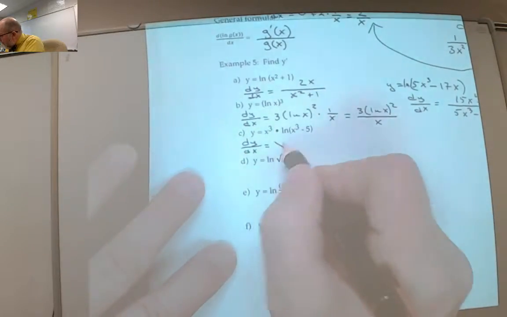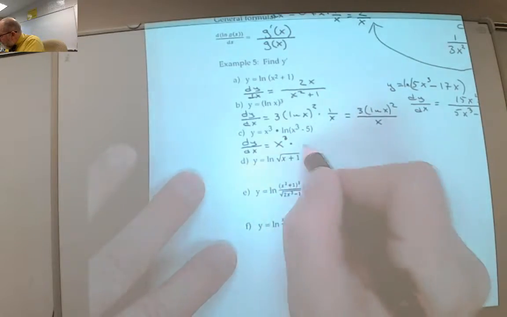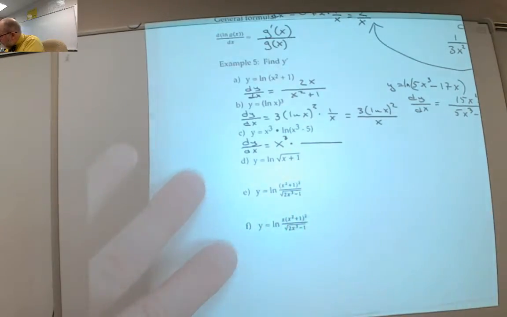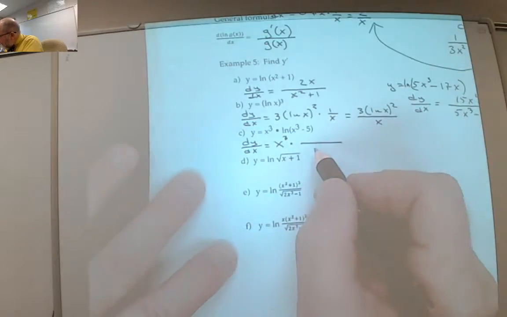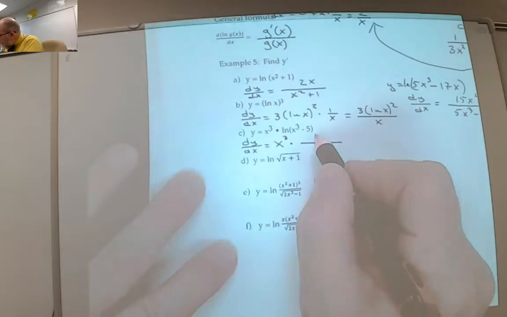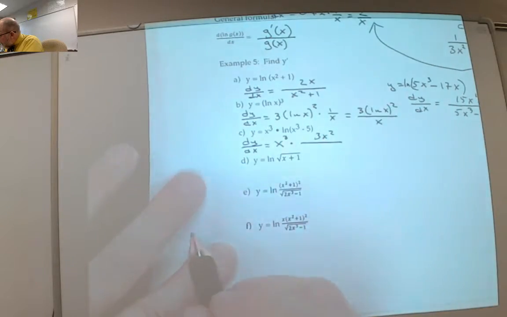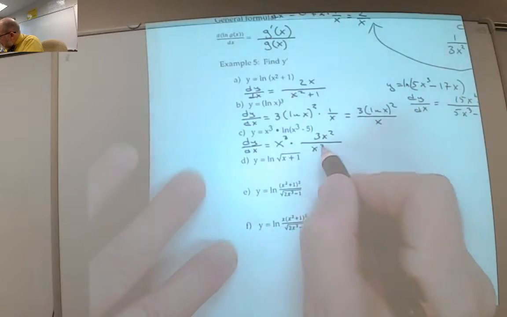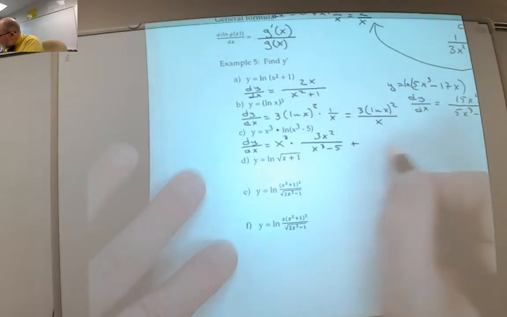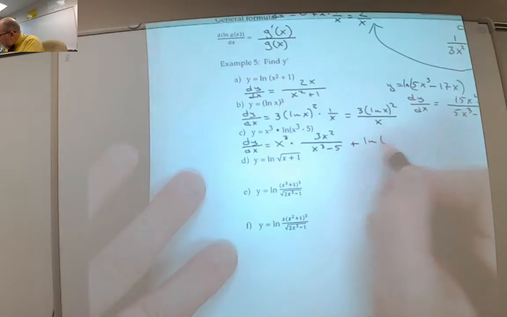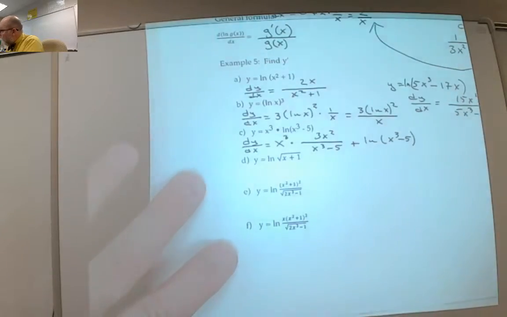So it's going to be x cubed times what? Notice I'm making a fraction right away. You can put that on top. What's on the bottom? Perfect. Plus, now you're going to have the natural log of x cubed minus 5, because you took that derivative already, right?